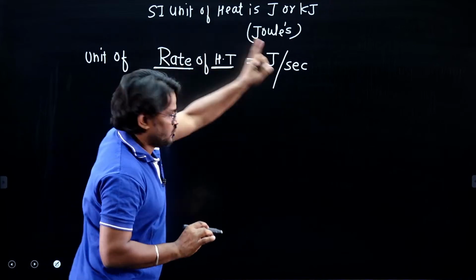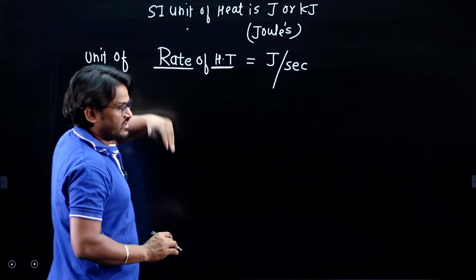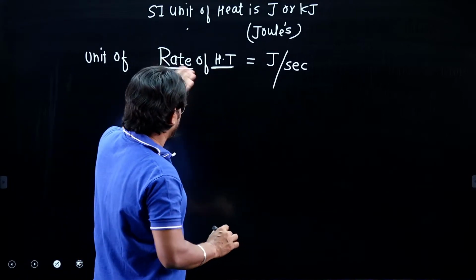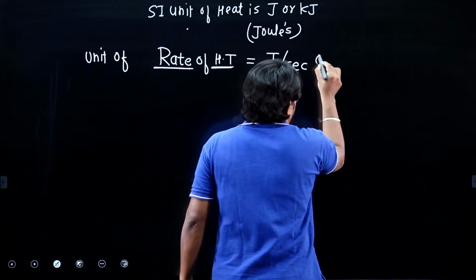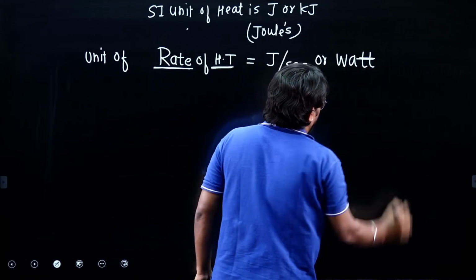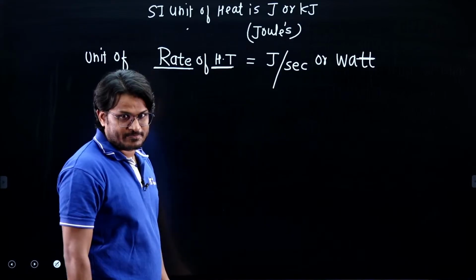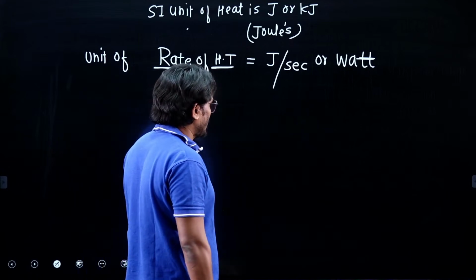The unit of heat is joule because heat is an energy interaction. But if you calculate the rate of heat transfer, it is joule per second, and joule per second we call watt. So the unit of rate of heat transfer is joule per second, right?